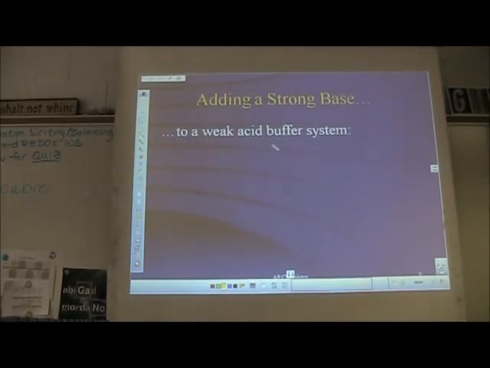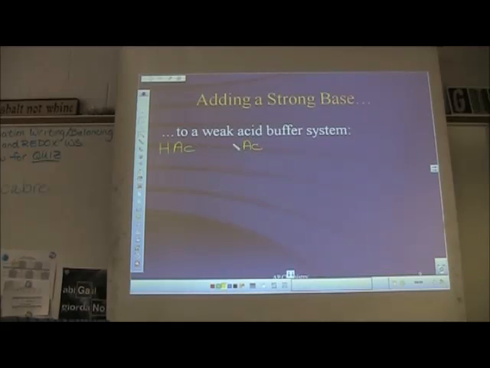Let's use a different weak acid, not HF. Let's do acetic acid, which I'm going to abbreviate HAc. Please give me a salt that will turn this into a weak acid buffer system. All right, fine.